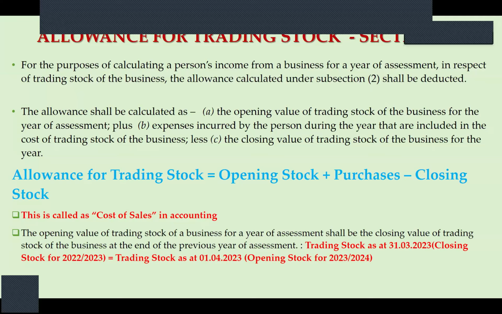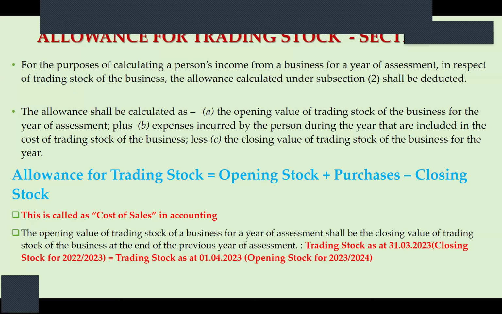So, since for the taxation we have considered consideration received in respect of the trading stock, that means we considered only the turnover. For the calculation of gross profit, which equals the assessable income of business, we should have deducted the cost of sales. So, in taxation, we call it allowance for trading stock.